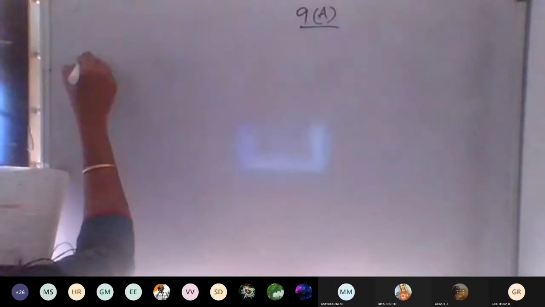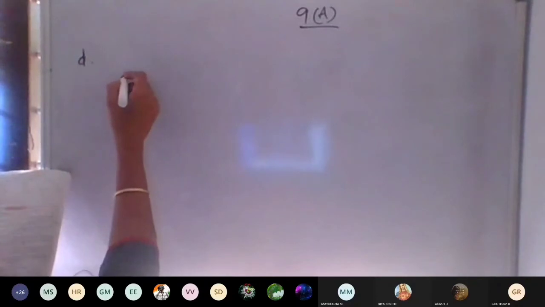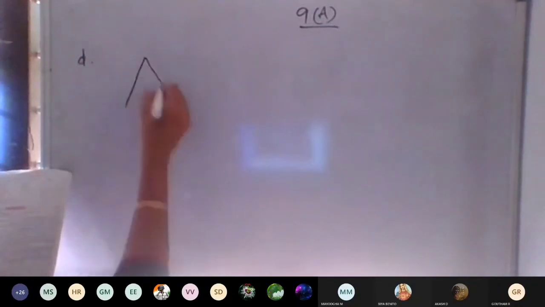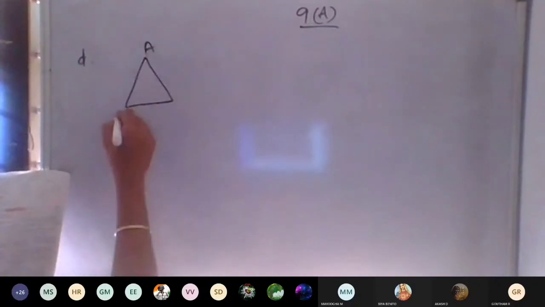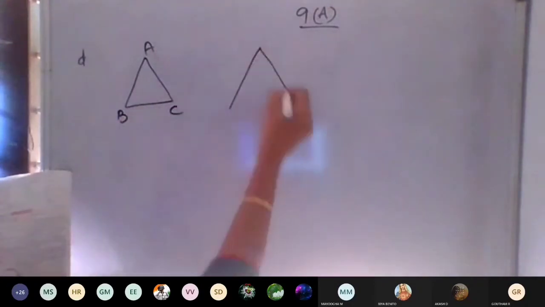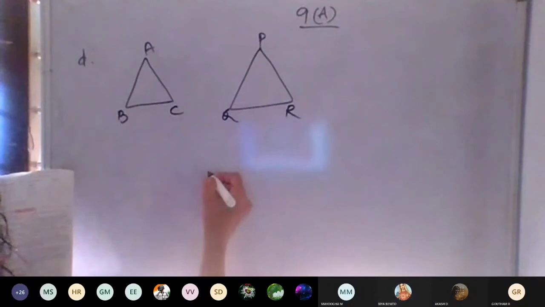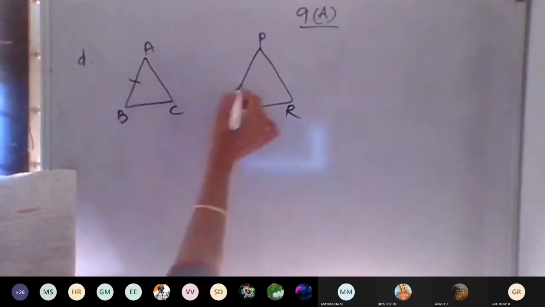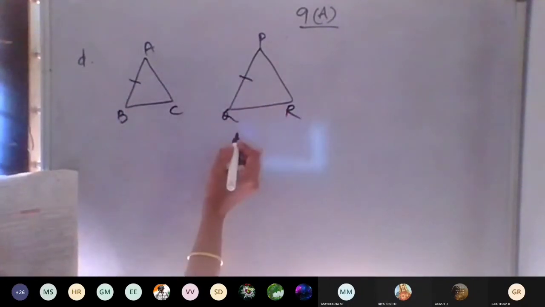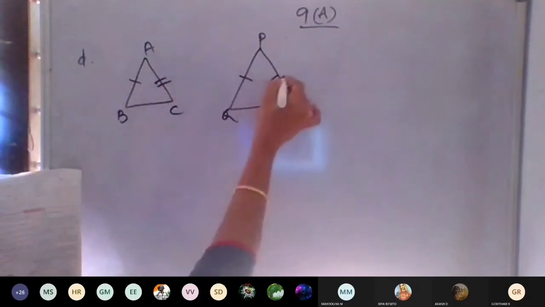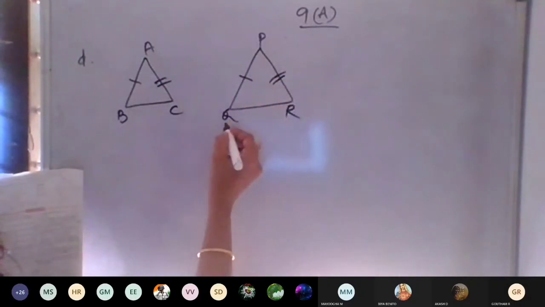Okay. So, question number D. Triangle ABC and triangle PQR. AB is equal to PQ. AC is equal to PR, two lines.